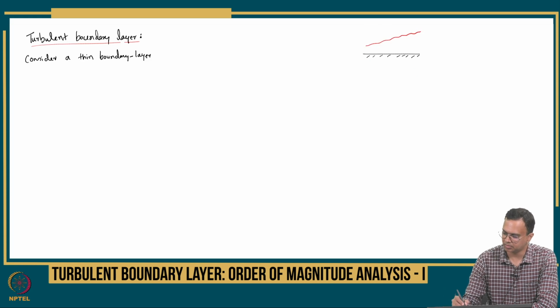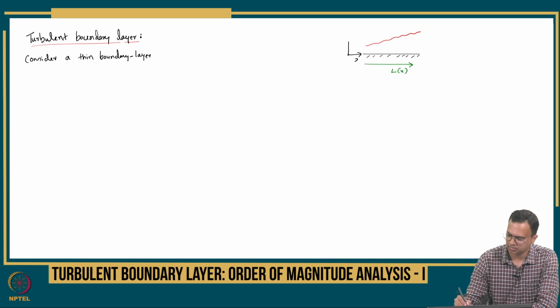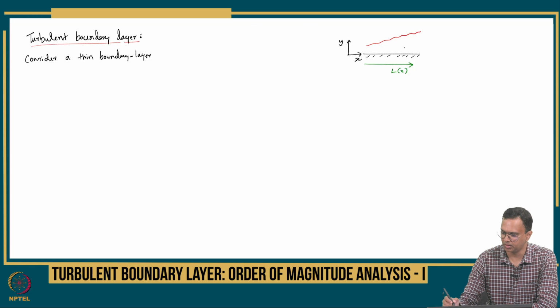Then we are saying that we need two length scales. This is L, which is a function of x. X is the x coordinate here. Let's say I'm using xy coordinates here to make it simple. And this is the thin region that Prandtl talked about.